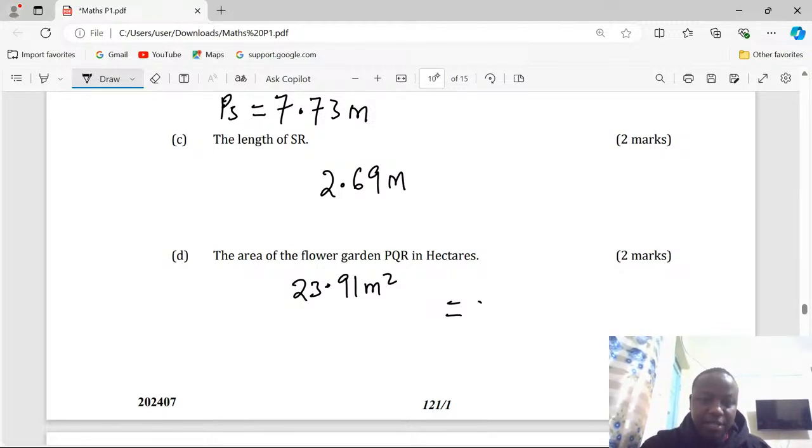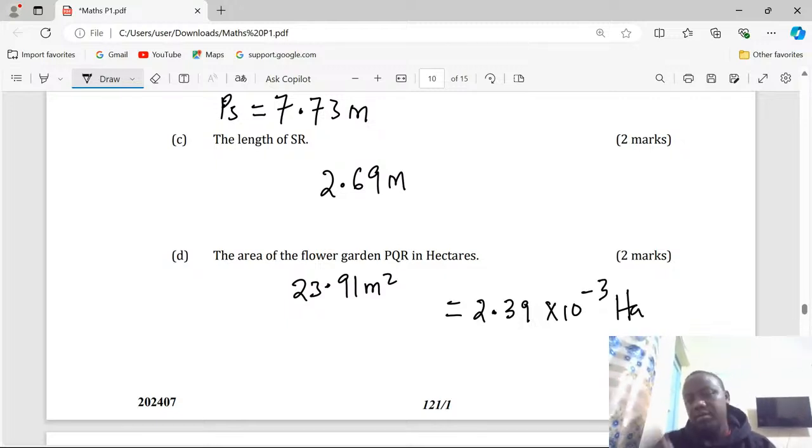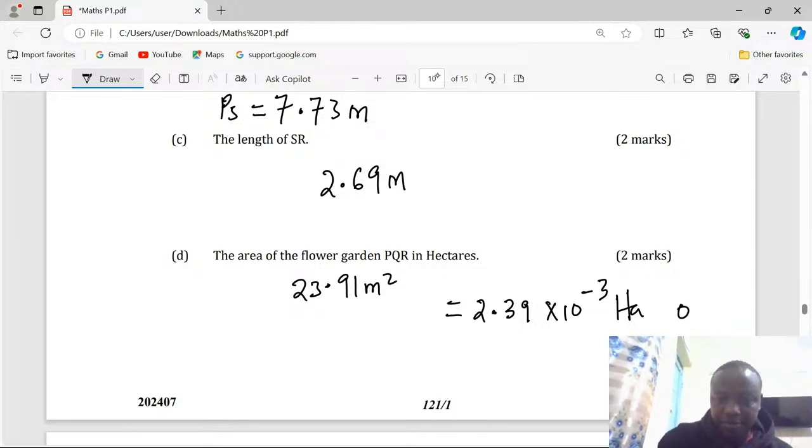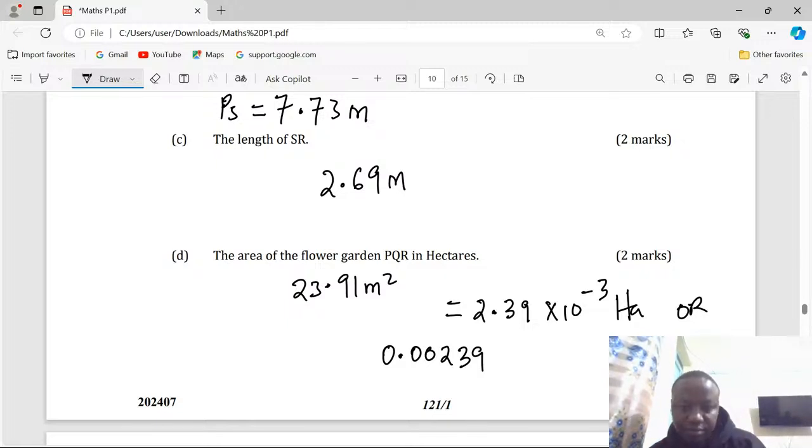So it can be 2.39 times 10 power negative 3 hectares. Okay, I can write in standard form, or we can make this one 0.00239 hectares.